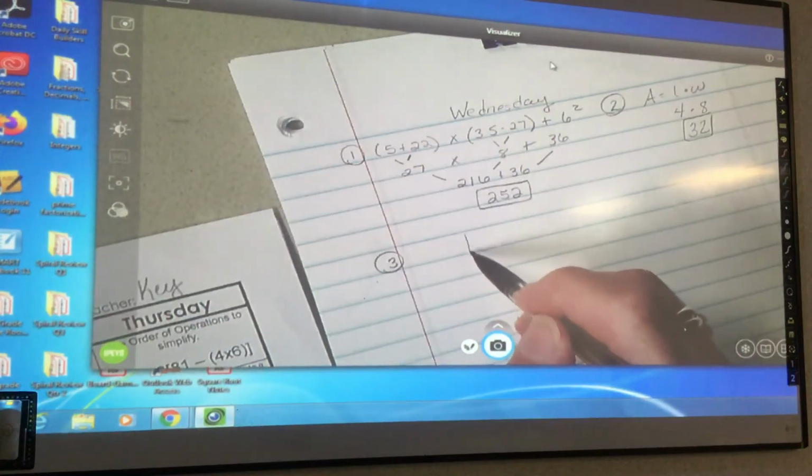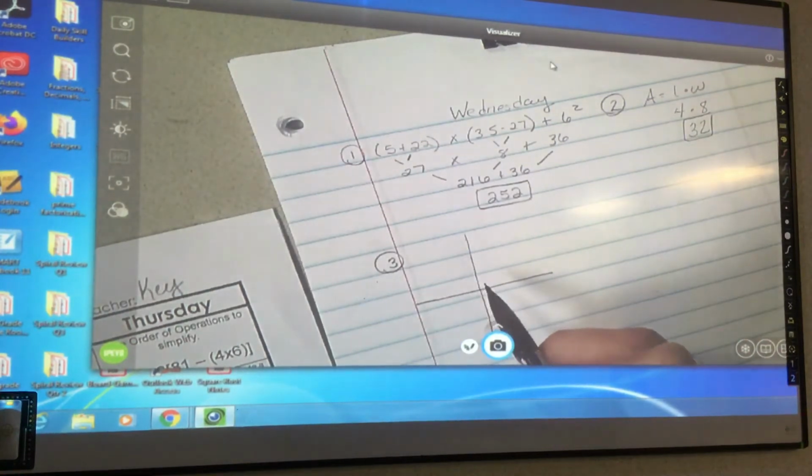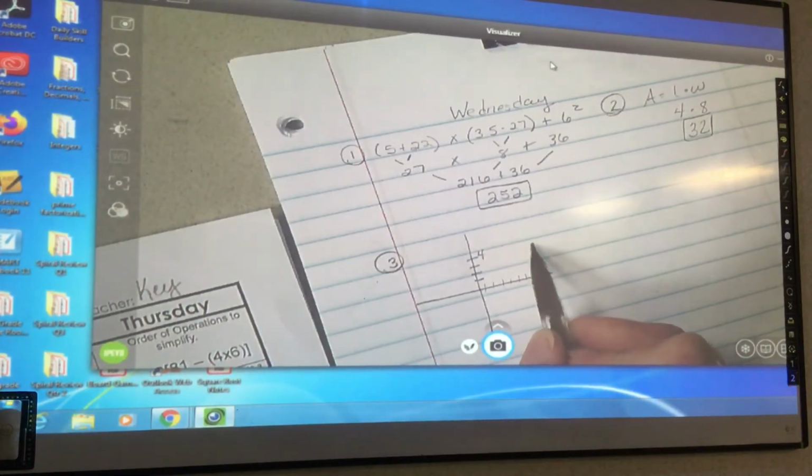So I'm just going to draw a fake coordinate plane. You know, I'm not making all of it. And the first point is 7, 4. So I'm going to go over. This is like 1, 2, 3, 4, 5, 6, 7. So that's 7. Up 4. 1, 2, 3, 4. And where those meet is right there.